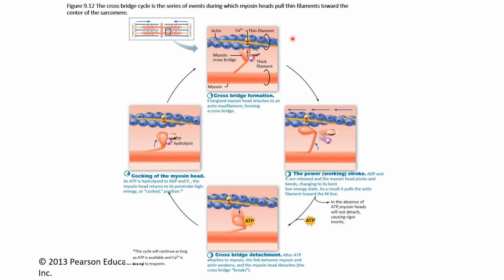For us to begin our contraction, we go through the steps of the neuromuscular junction and excitation contraction coupling, and we said that at the end of excitation contraction coupling, calcium gets released. Calcium binds to troponin. When calcium binds to troponin, tropomyosin is going to unravel, exposing those active sites.